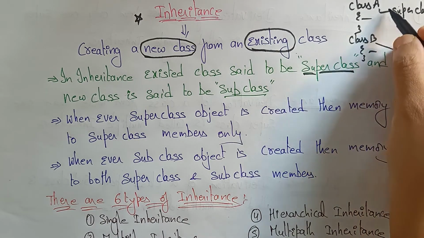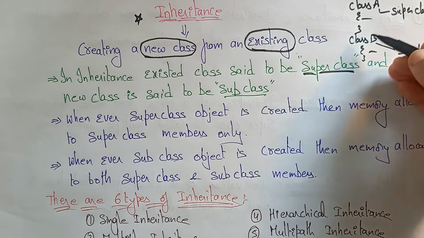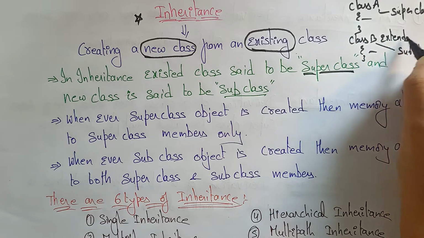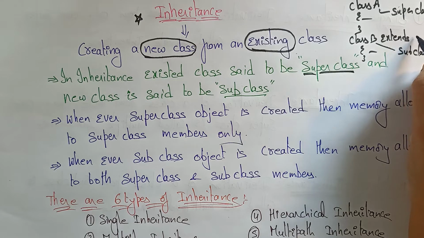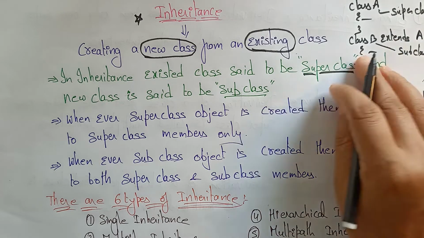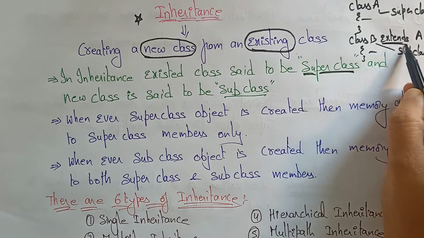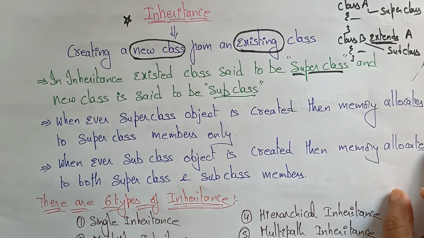If you want to access the features of class A, you have to use the keyword extends. Class B extends A. So in inheritance, you have to use the extends keyword.